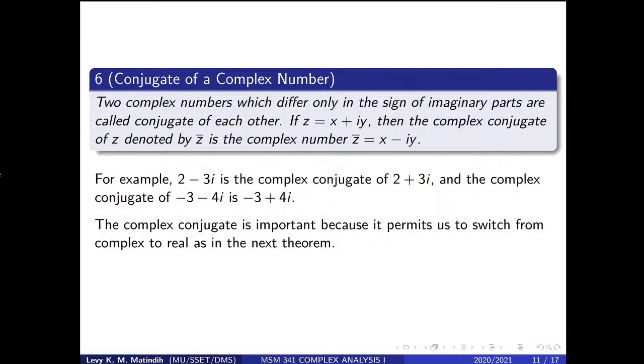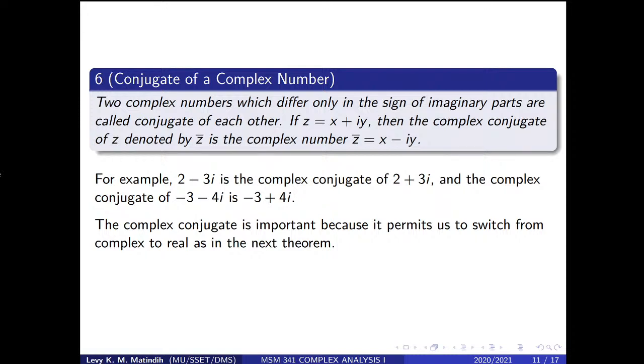You can even do it the opposite. You can even say 2 plus 3i is the complex conjugate of 2 minus 3i. It's one and the same thing. And the complex conjugate of negative 3 minus 4i is negative 3 plus 4i. The only difference that they need to have is the sign in their imaginary parts.